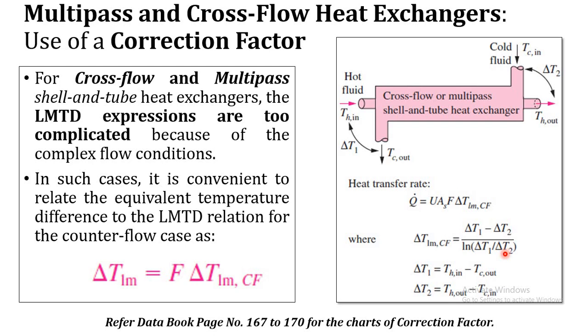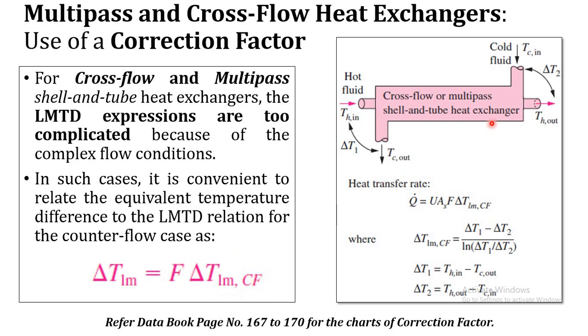We use a correction factor with the LMTD relation for a counterflow heat exchanger. So delta T LM, that is LMTD for multipass and crossflow heat exchangers, is equal to a correction factor multiplied with delta T LM for a counterflow heat exchanger.